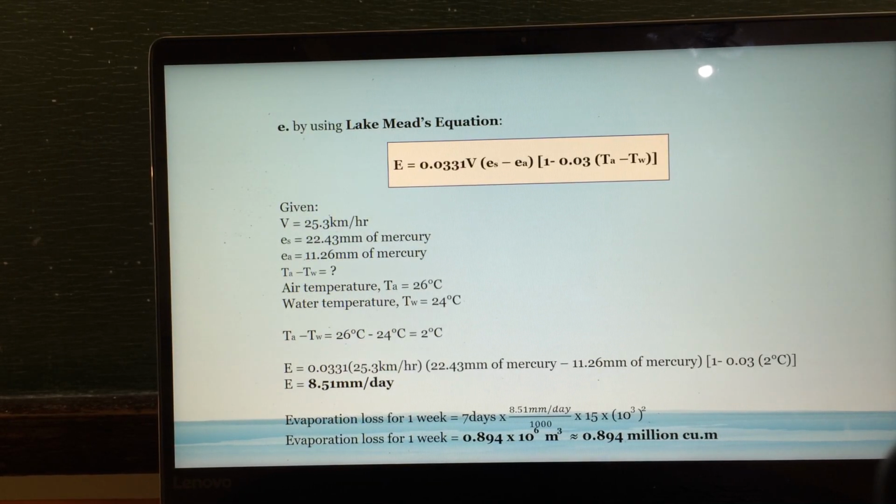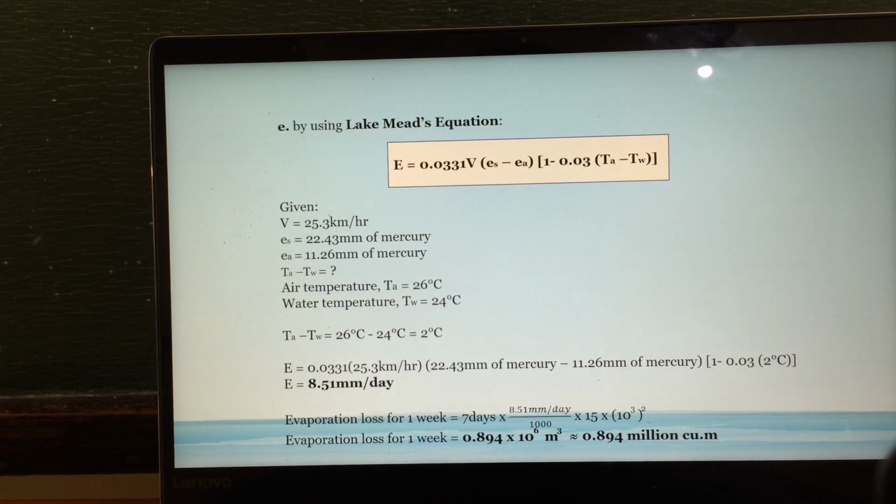Given: V is equal to 25.3 km per hour. E sub S is equal to 22.43 mm of mercury. E sub A is equal to 11.26 mm of mercury. T sub A minus T sub W is unknown.